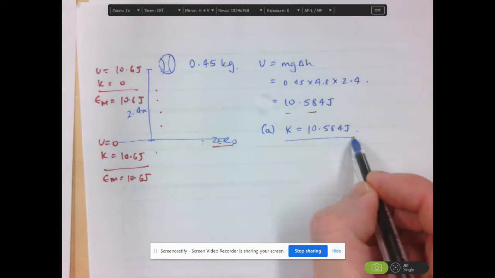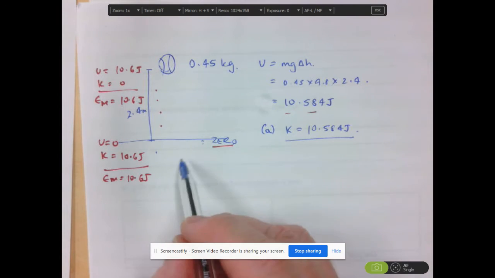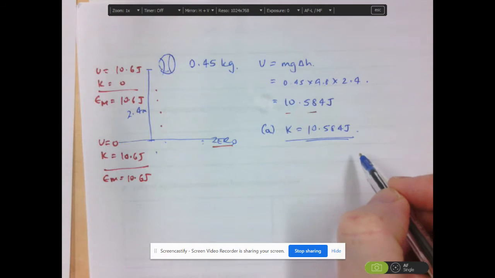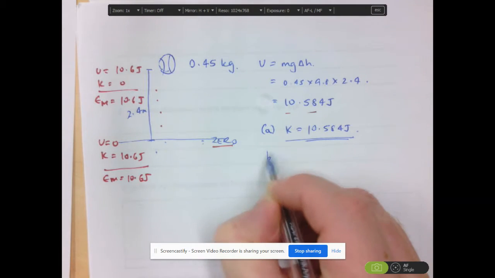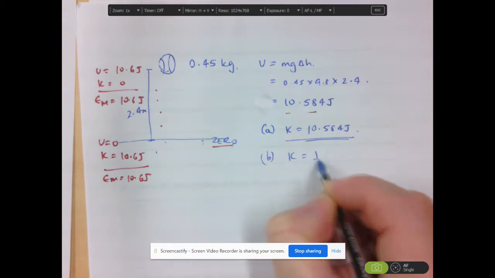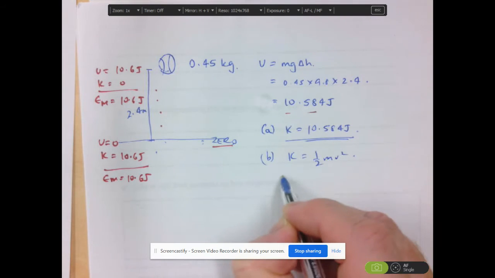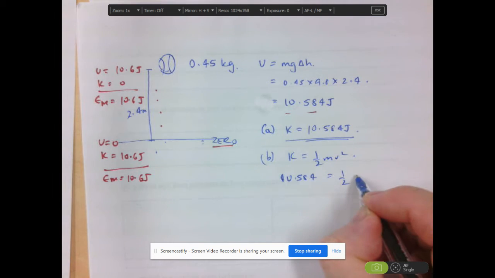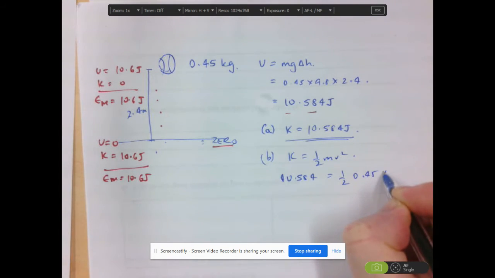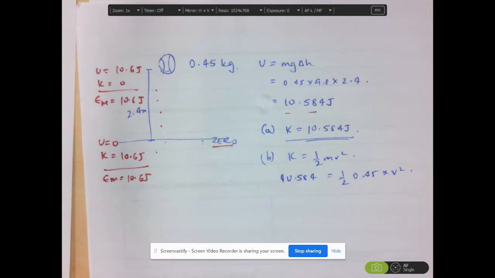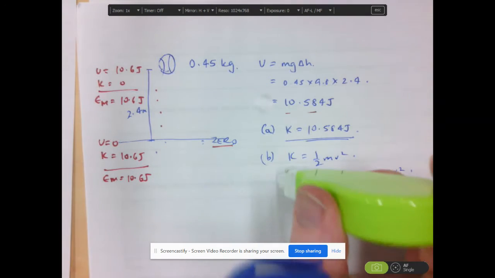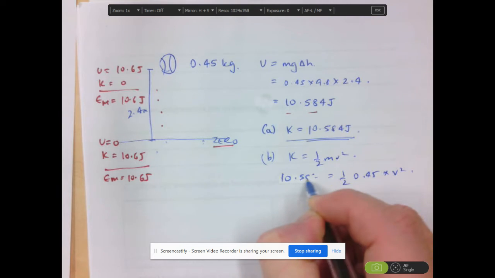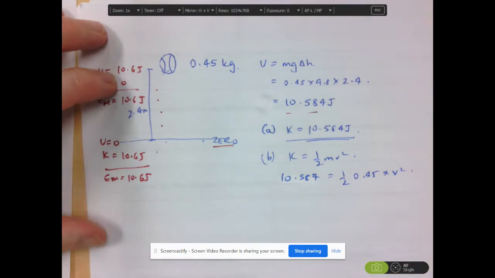We can use this now to work out the velocity it strikes the ground with, because part B says the kinetic energy is a half mv squared. That means 10.584 would equal a half times this mass, 0.45, times v squared.